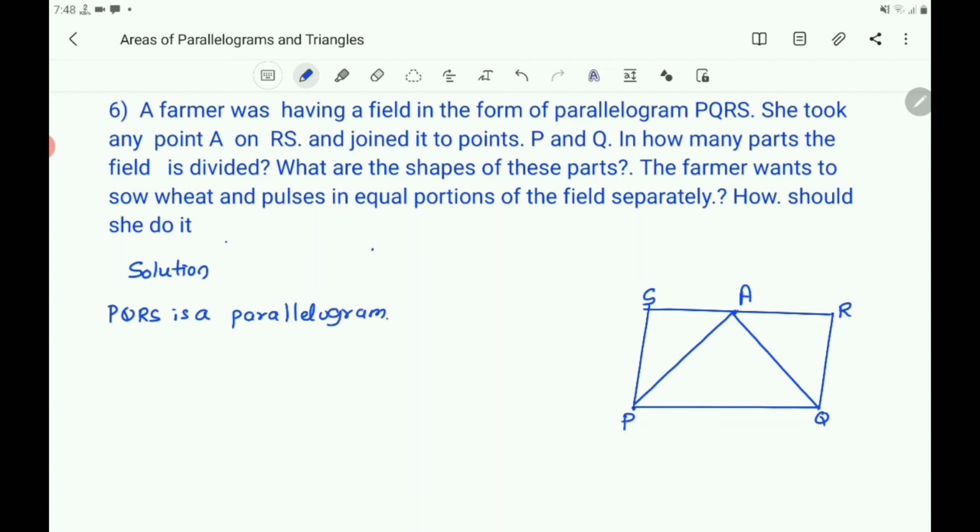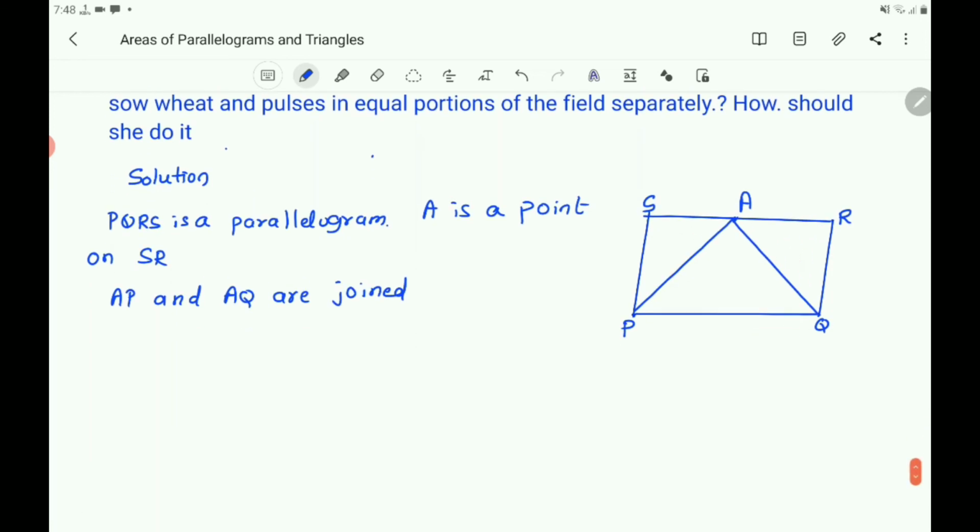A is a point on SR. AP and AQ are joined.